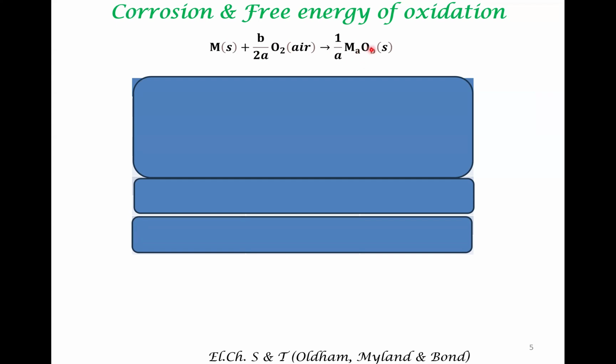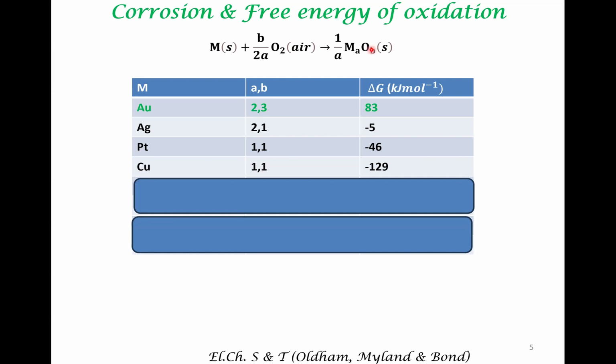So when you look at this, you look at the free energy of oxidation. So only for gold, the free energy of oxidation is endothermic. So you can be assured that the corrosion of gold is non-spontaneous. But however, if you look at other metals, this oxidation can be spontaneous. The delta G can be negative.